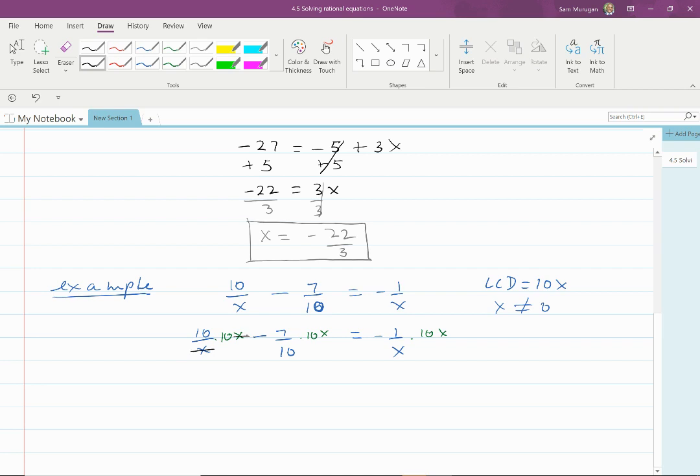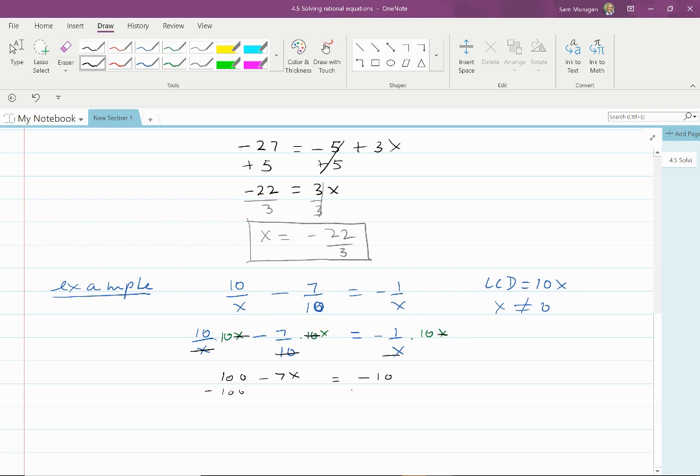Cancel the x's here, cancel the 10s here, and cancel the x's here. That leaves us with 10 by 10, which is 100, negative 7 by x, which is negative 7x, and 10 times negative 1, which is negative 10.